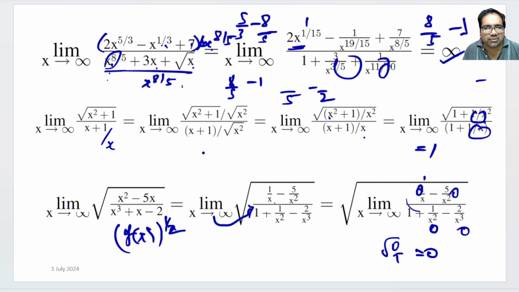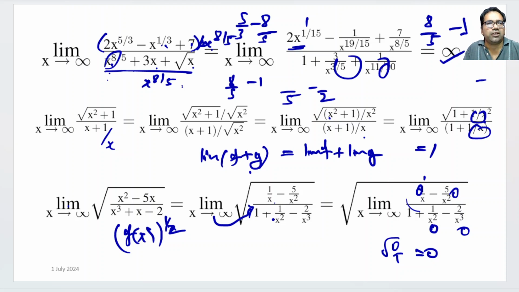Please note, limit of f plus g is equal to the sum of limits, limit f plus limit g. Similarly, limit of product is equal to product of limits. Limit of power is equal to power of limits. We already know these basic operations, so that's why we can take the limit inside the power.